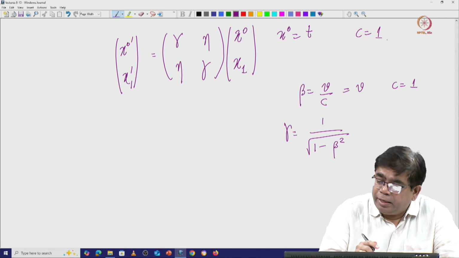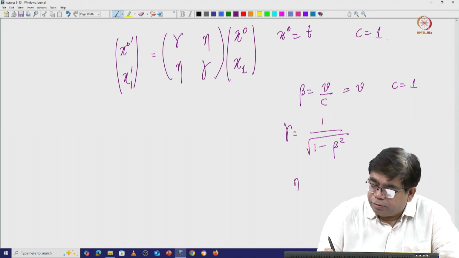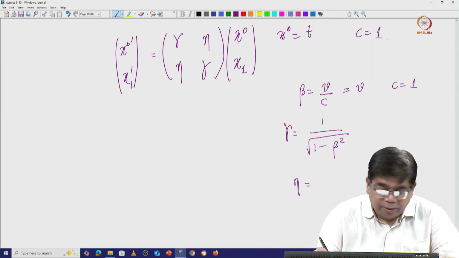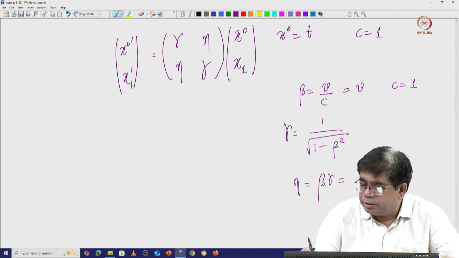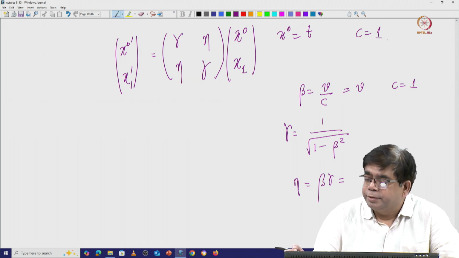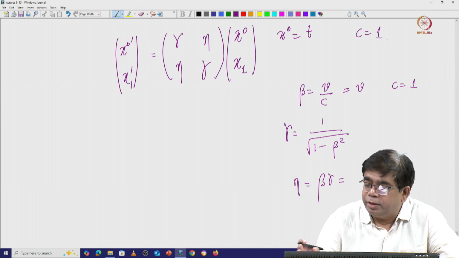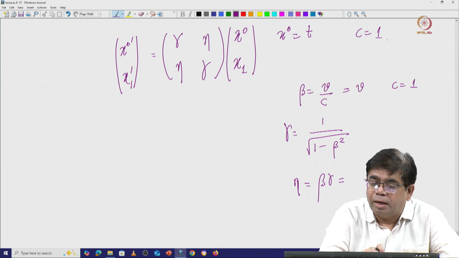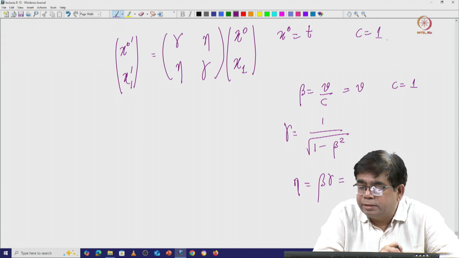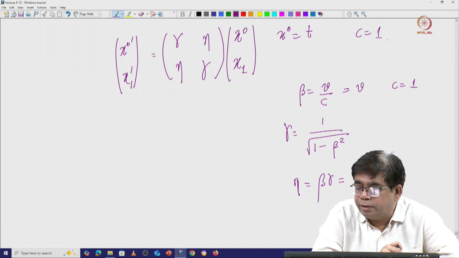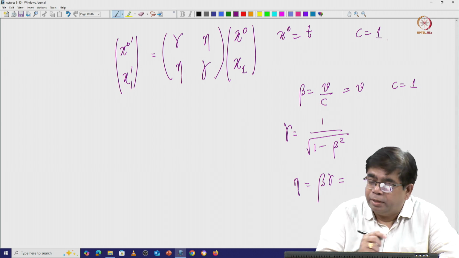Then what will eta be? Eta, which we also introduced earlier, is nothing but beta gamma. So that means this is nothing but v by root of 1 minus v square. We introduced gamma as cos xi and eta as sin xi.